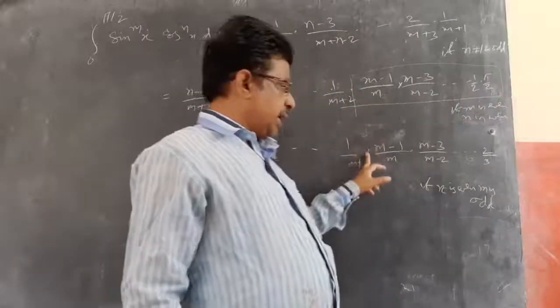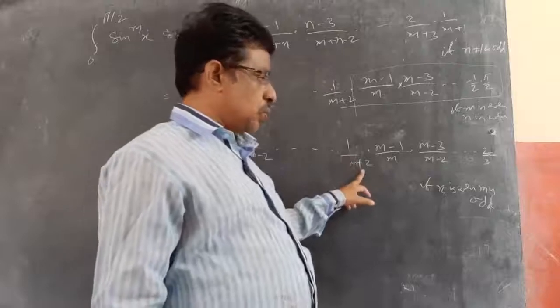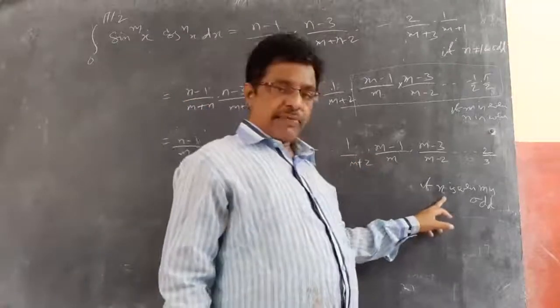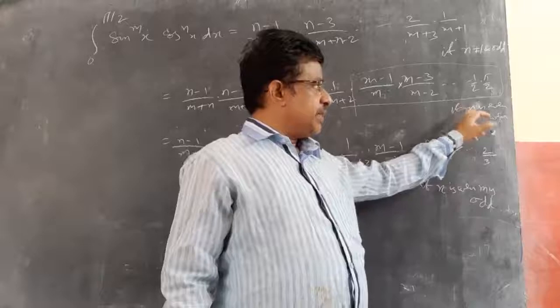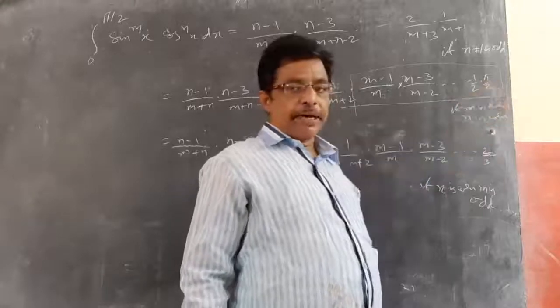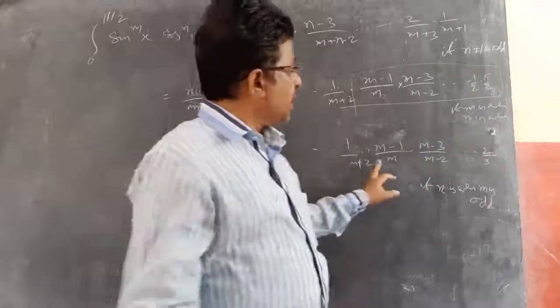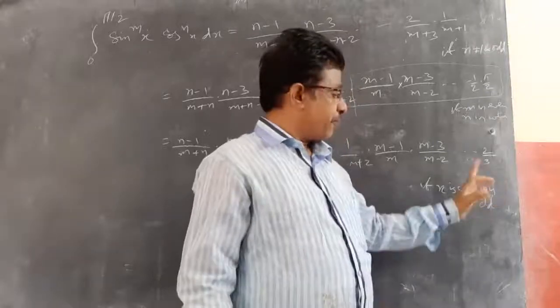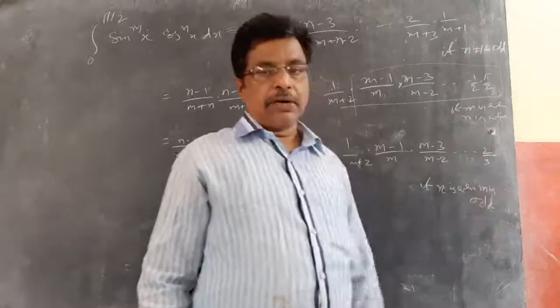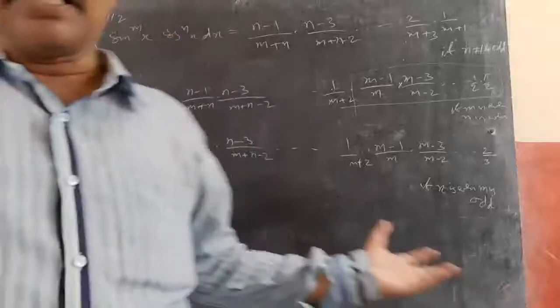Like here also, after 1 by m plus 2, whenever n is even, if m is even, then you will get pi by 2 as usual, because sine power you are doing. If m is odd, automatically in sine power what you get? 2 by 3. So same concept applicable.